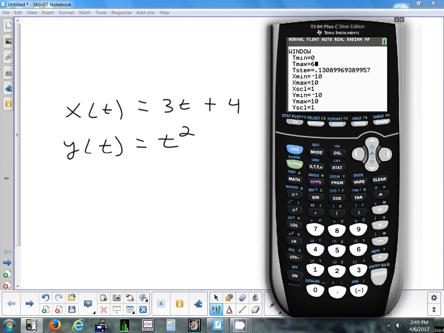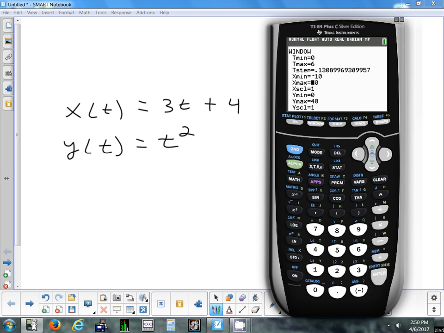So for my y max, I should go at least to 36, because if the biggest t can get is 6, y is going to hit 36 at some point. And the smallest would be 0. So you should set your min and max for the y's. Let's go 0 to 40. And if t is 6, what's the biggest x value you could get? 22.